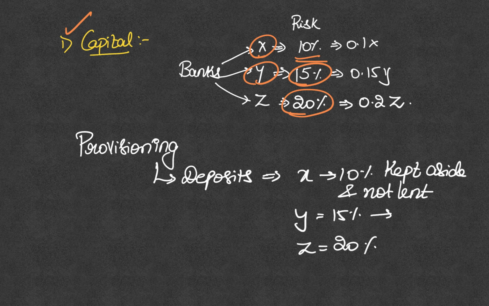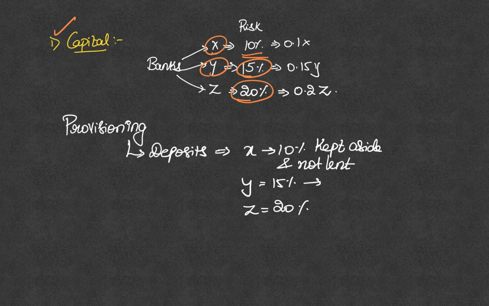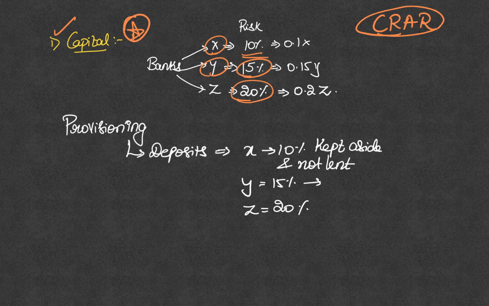And 20% is the risk associated with a customer Z, so 20% is the weight given to that particular customer. Now, when we are talking about capital, according to the Basel norms, there is something called CRAR, that is Capital Risk Adequacy Ratio. This concept says that whenever a bank wants to lend, there is a minimum amount of capital that a bank should keep with itself in order to carry out that business.